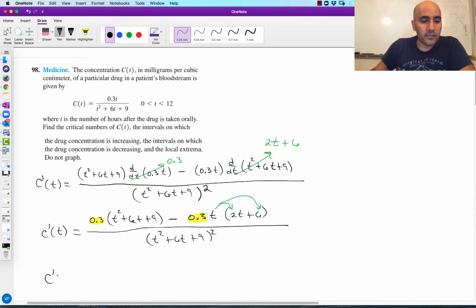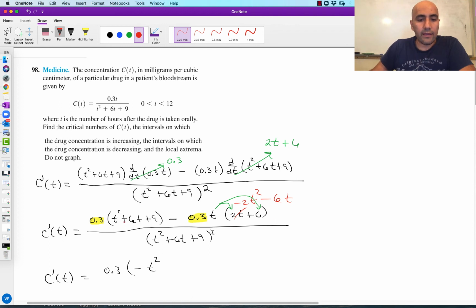So I'll get that C prime of t equals 0.3 times, and I'll have a t squared here minus 2t squared, which is going to give me a minus t squared. That takes care of the t squared and the minus 2t squared. Minus 2t squared minus 6t, and I distribute this t.